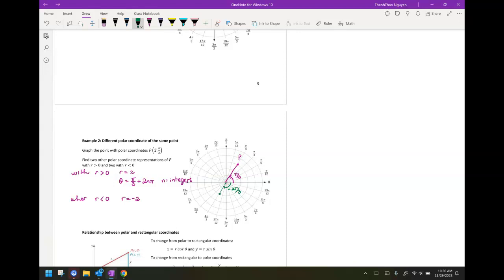So if r is equal to negative 2, then I make theta negative 2 pi over 3, and adding multiples of 2 pi will always end up at the spot where I want it to be. But because r is negative, it reflects across the origin to get to the original point. So theta is equal to negative 2 pi over 3 plus 2n pi, where n is an integer.